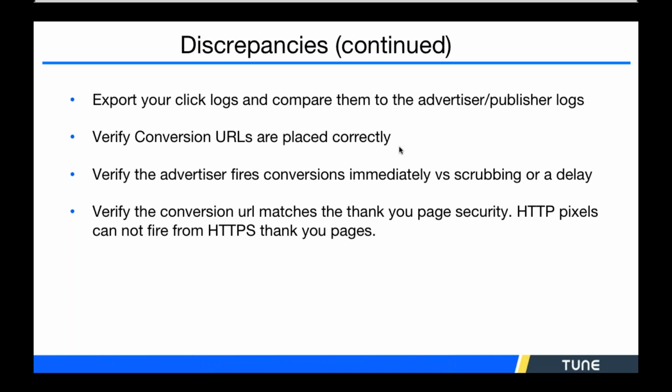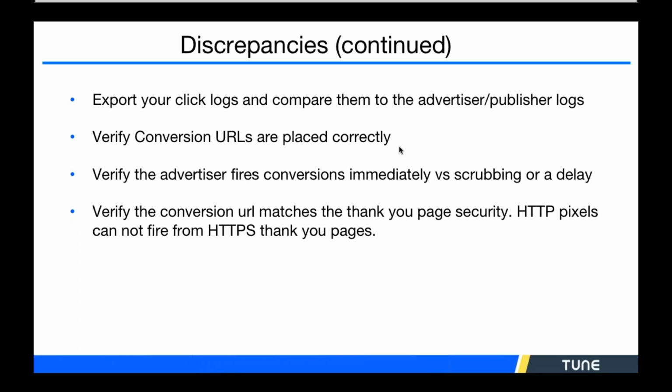So with pixel-based tracking, we also want to make sure that the advertiser is firing conversions immediately versus scrubbing them or delaying the fire. If an advertiser delays a pixel, not postback, but pixel, from firing, then Hasoffers will not record the conversion because pixels can't be fired on a delay.